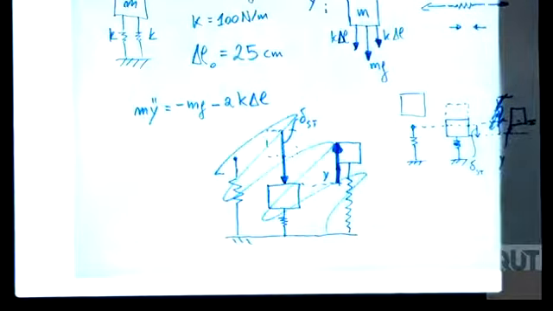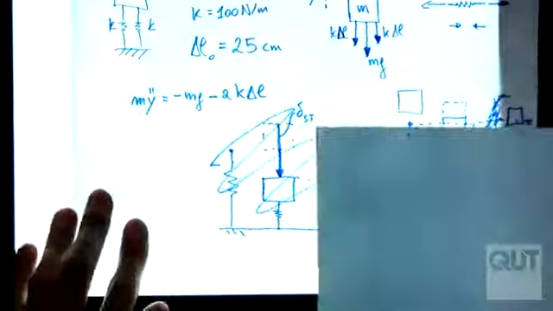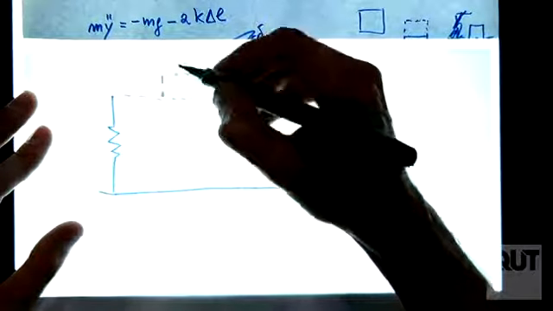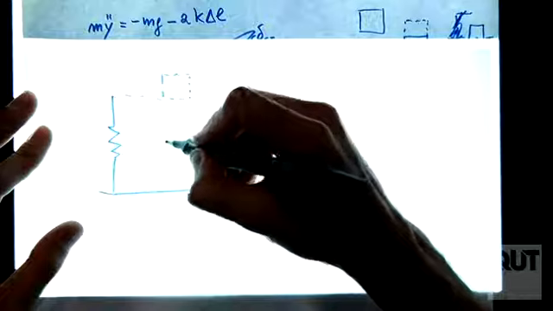Apologies, this drawing is very annoying. So I have the free length. Then I put my mass on. That compresses the spring up to here.